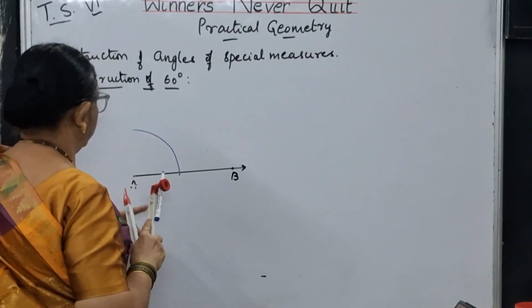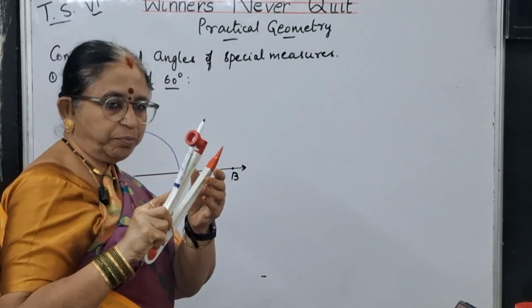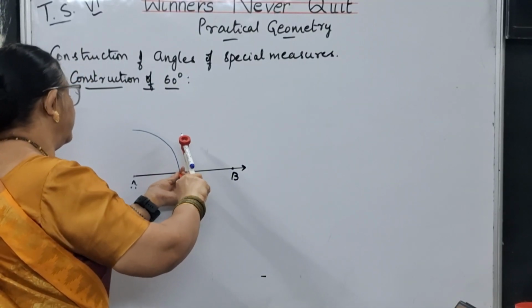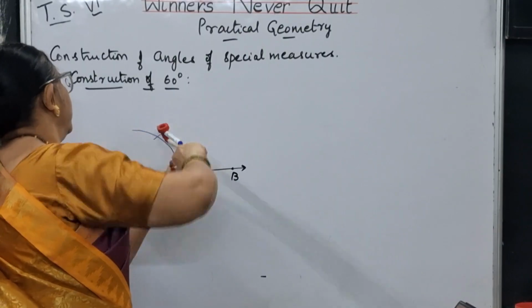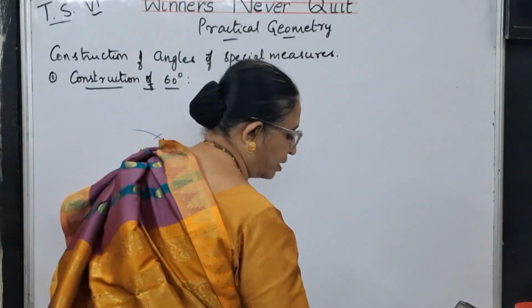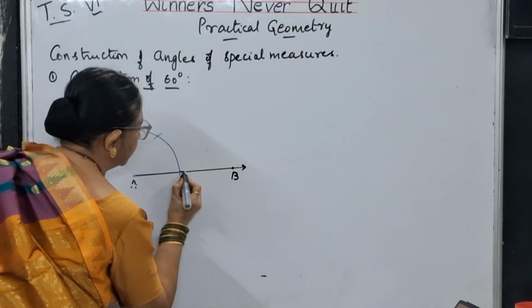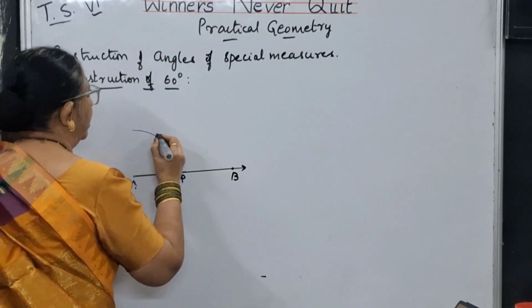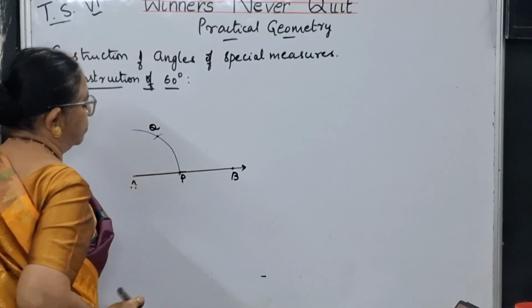Now, this arc is intersecting at this point. Without disturbing the compass, with this point as a center, you have to cut an arc here on the already existing arc. Let me consider this point as P, and this point as Q.